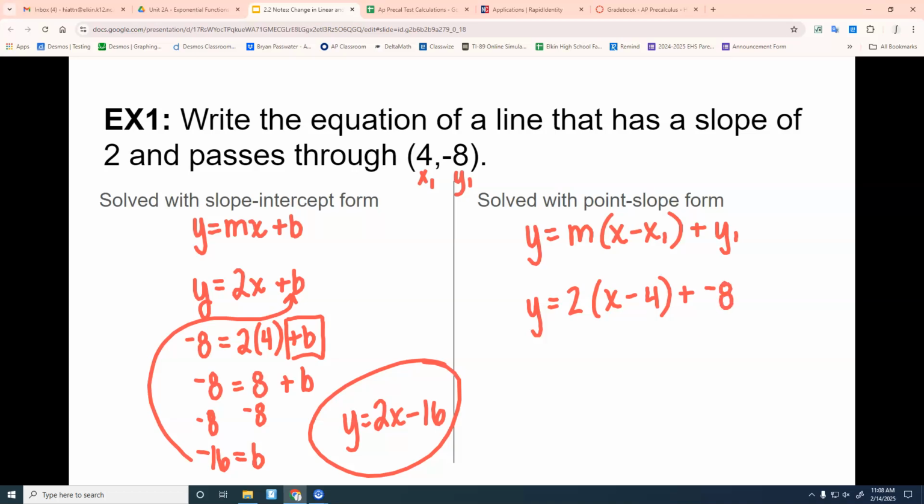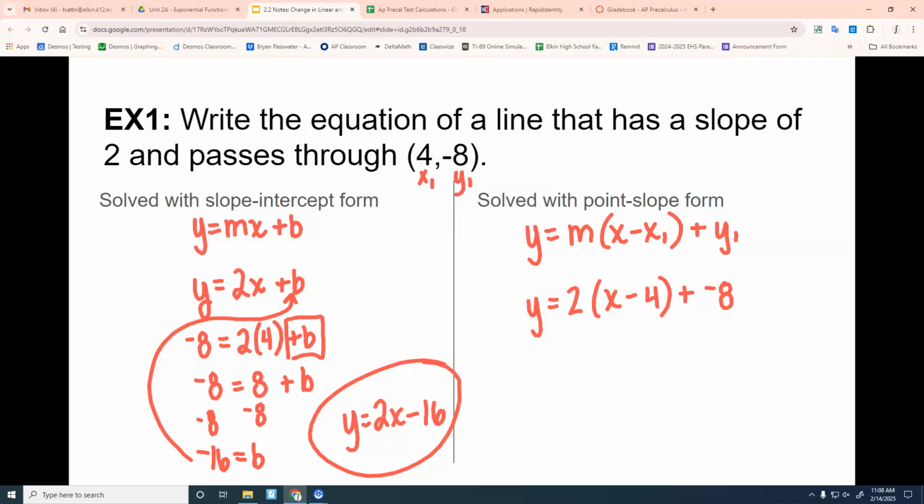Now, the reason that I make you guys do this when you get to calculus, because one of the things that we have to do in calculus is write the equation of a tangent line. So we do a lot of writing equations of lines. On the calculus exam, they don't care if you simplify. So you can leave the answer like that. And so it's one step and you're done on that.